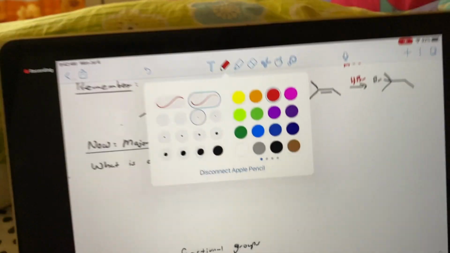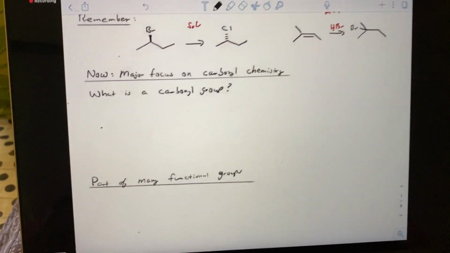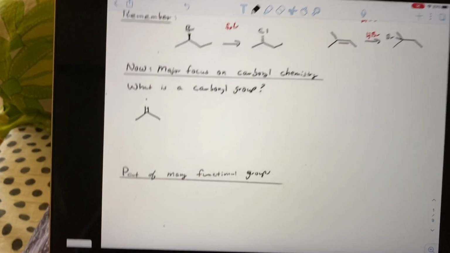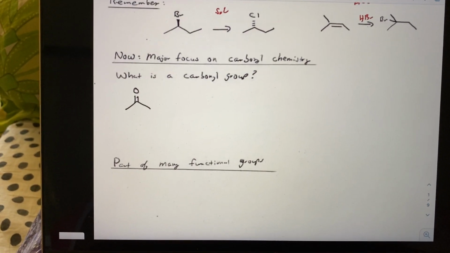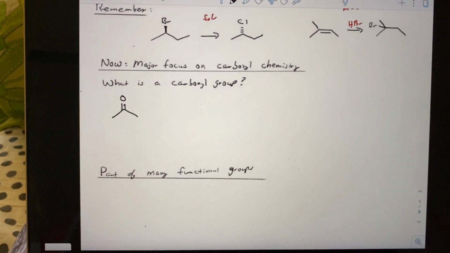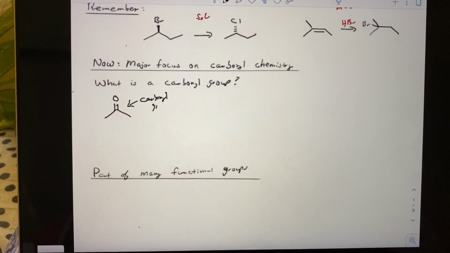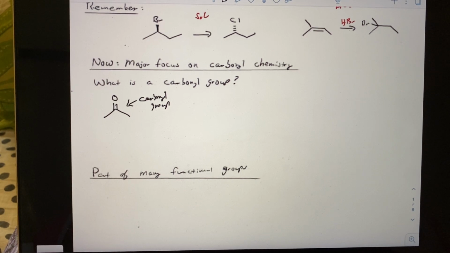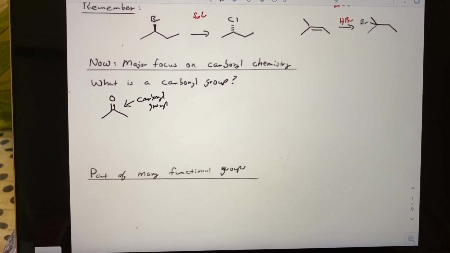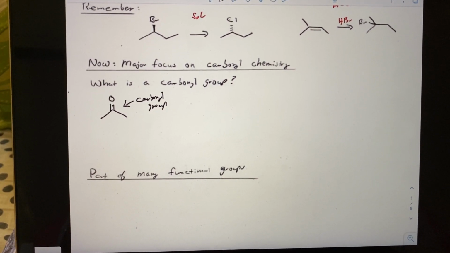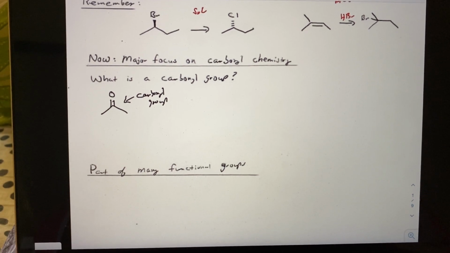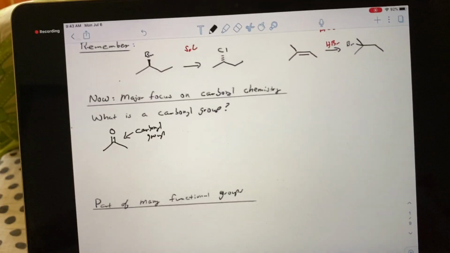Think about what is the carbonyl group, what's so important about it? Well, the most generic form is that the carbonyl group is this carbon double bonded oxygen. And why do we care about this group so much? It's because of its reactivity. It's going to be reactive in so many different types of reactions that we can see.